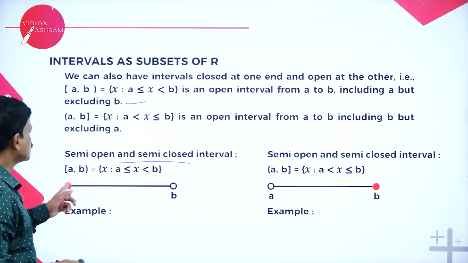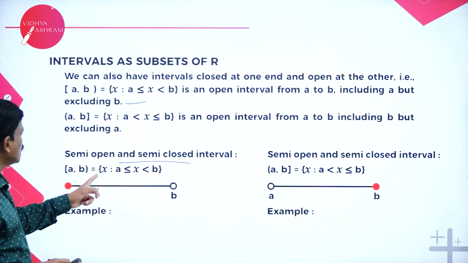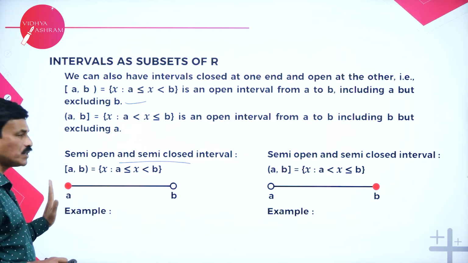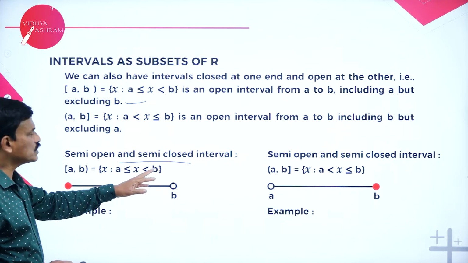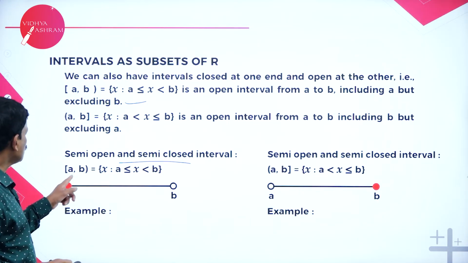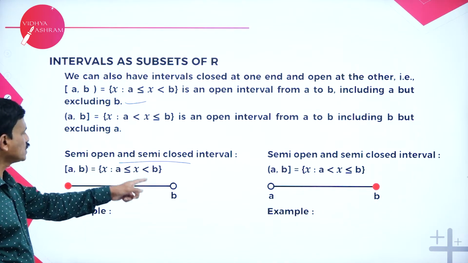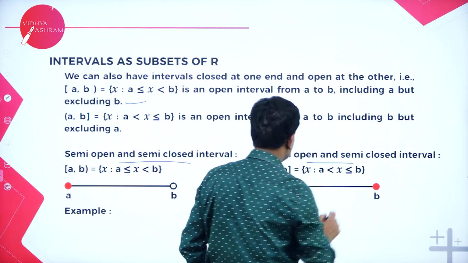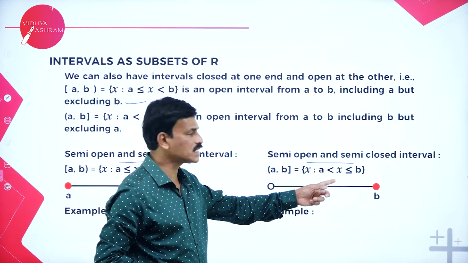A semi open and semi closed interval is denoted as (a, b] or [a, b), where x is such that a < x ≤ b or a ≤ x < b. For example, (a, b] is a representation of a semi open and semi closed interval, that is x such that a < x ≤ b.